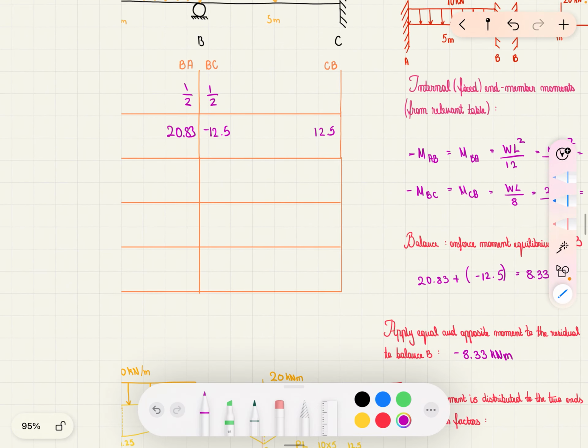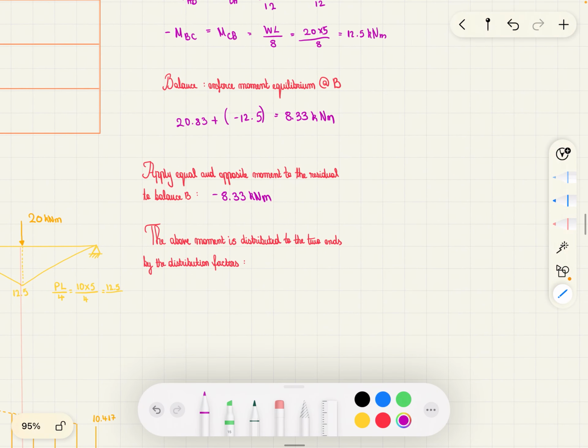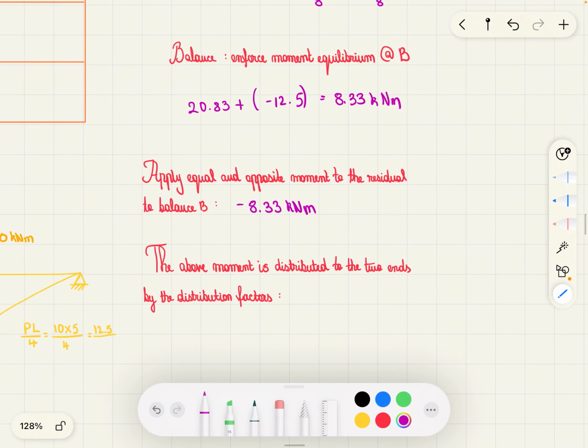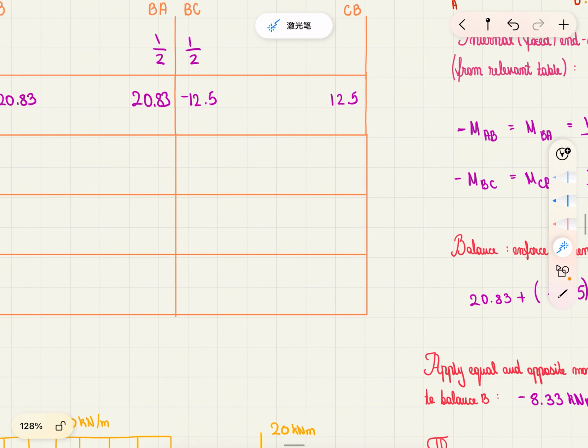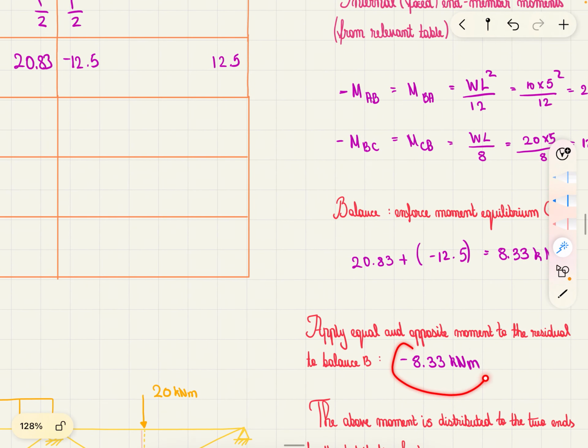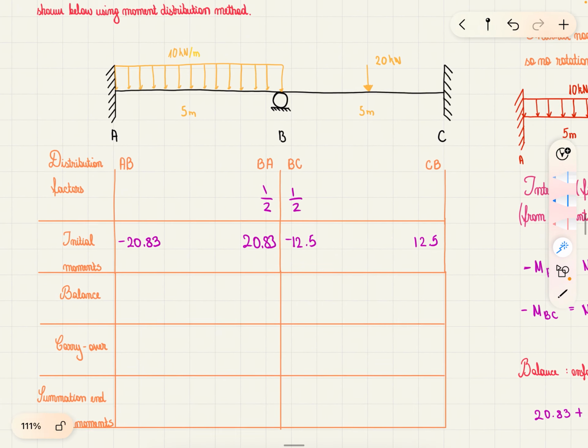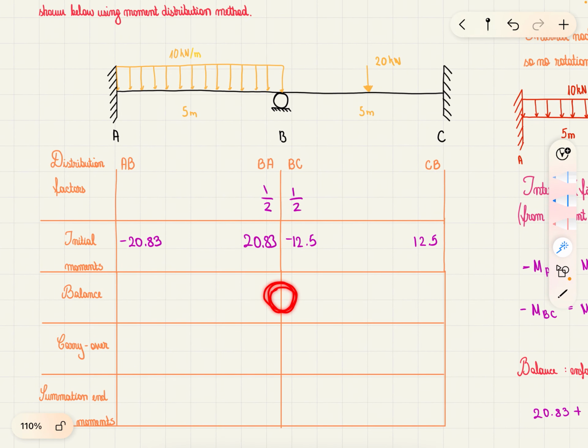But we can't write this in our table just yet for balance, because the moment above is distributed to the two ends by the distribution factors. So this moment that acts at B is distributed due to these two factors.